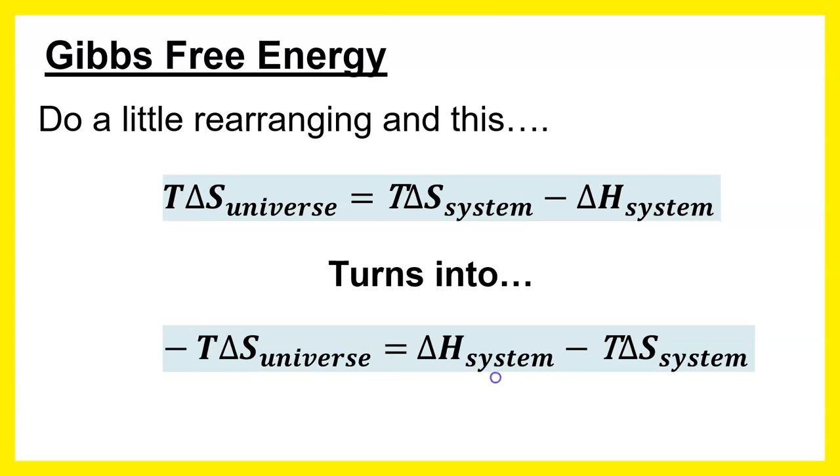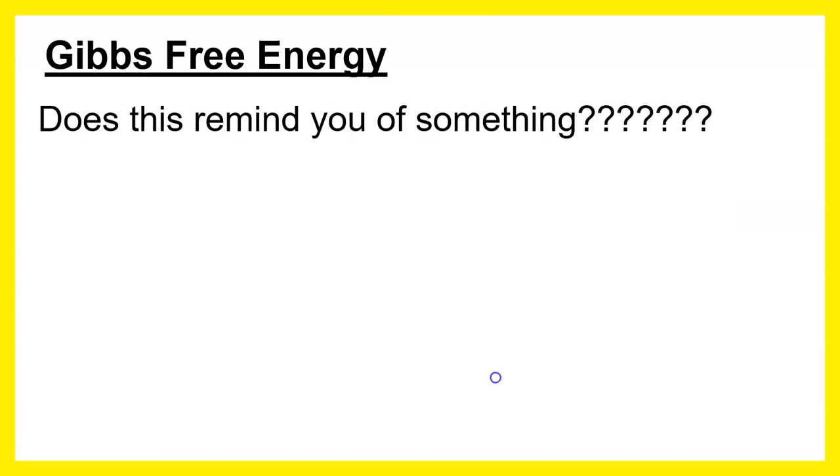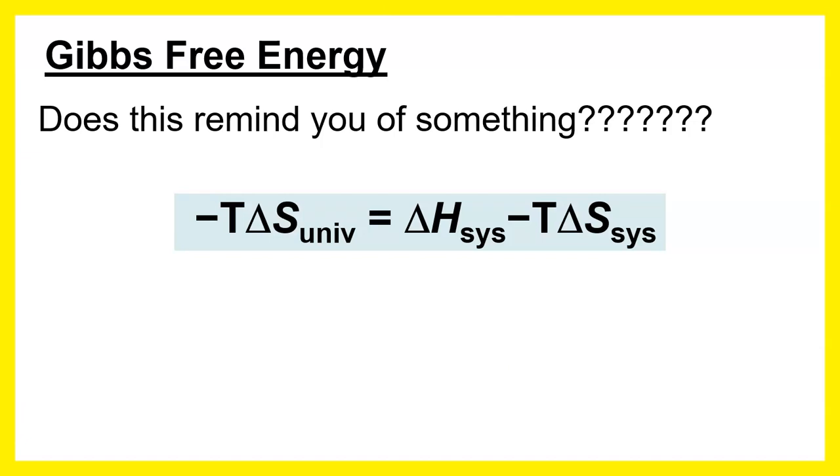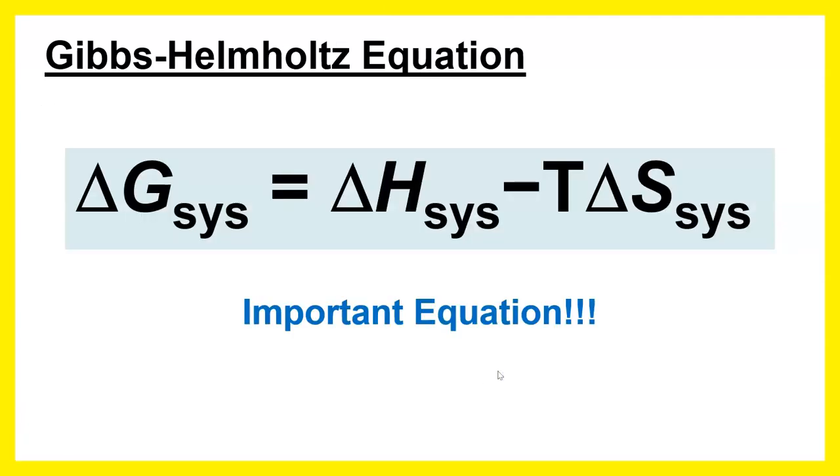Now, this equation should remind you of something. What does this remind you of? This is very similar to an equation we learned early in the chapter and we're going to come back to today. This looks a lot like our Gibbs-Helmholtz equation, doesn't it?